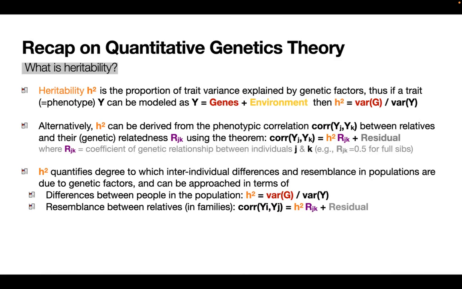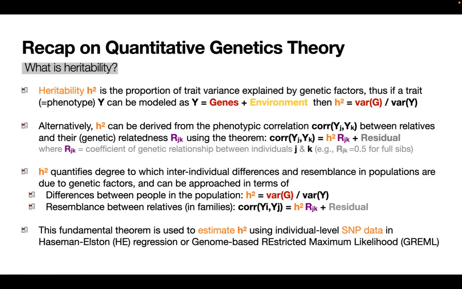And it can be approached in 2 different ways, either by looking at differences between people in the population or by the resemblance between relatives in families. This fundamental theorem is used to estimate heritability using individual level SNP data in Haseman-Elston regression or GREML methods.